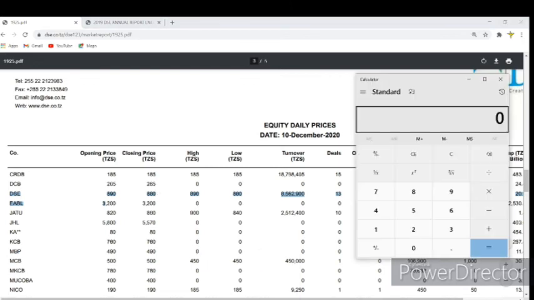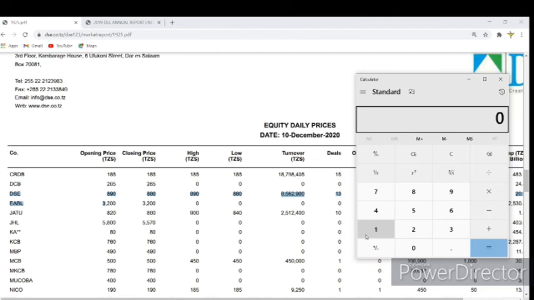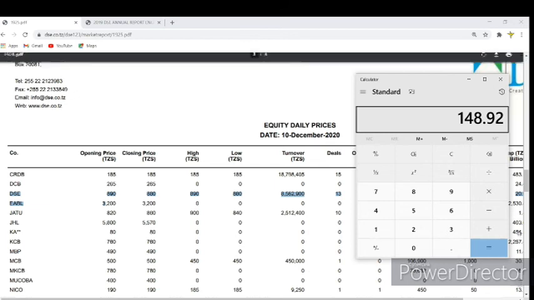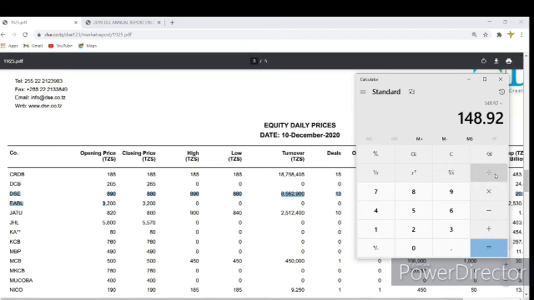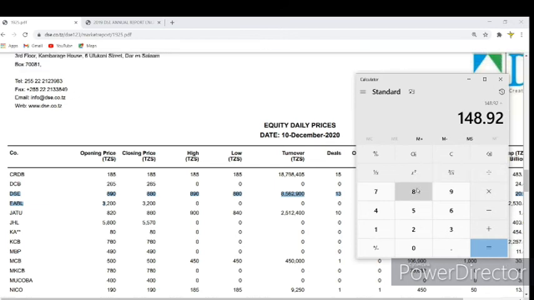So I'm just going to pull out my calculator, take 148.92, and divide that by the latest price per share, which is 880. From there, we should see 0.16922, all that stuff.